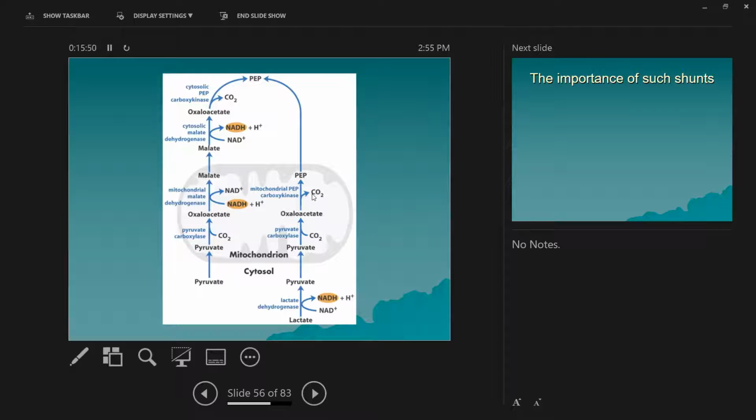However, there's another way to skin the gluconeogenesis cat. You take oxaloacetate, you reduce it to malate. This is useful because reductant tends to be abundant in the mitochondrion, and relatively sparse in the cytosol. So this is a way to pass reducing equivalents to the cytosol from the mitochondria. You reduce it using malate dehydrogenase. That's a Krebs cycle enzyme found in the mitochondria.